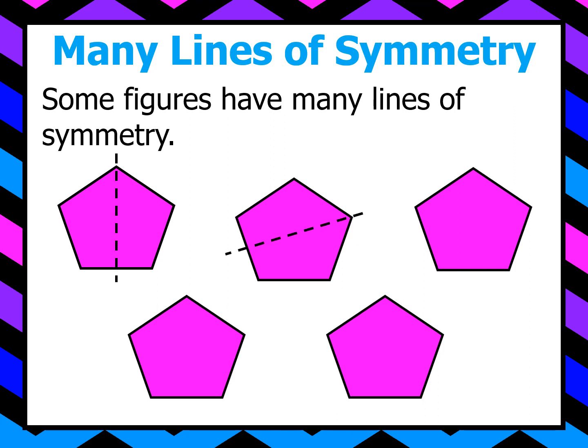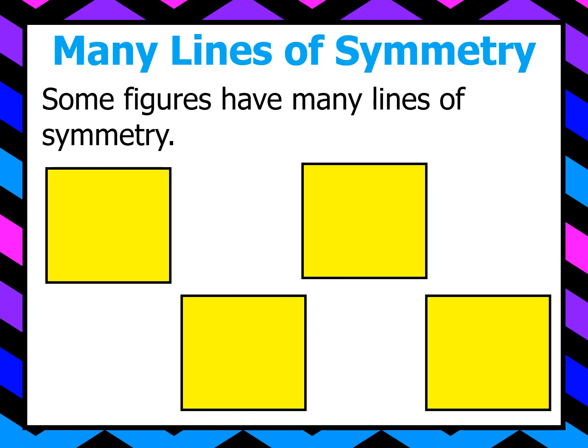One there, another one there, another one here, another one there, and another one there. This square has 4 lines of symmetry. One there, another one there, another one there, and another one there. So if we look at the square, the square has horizontal, vertical, and diagonal lines of symmetry.